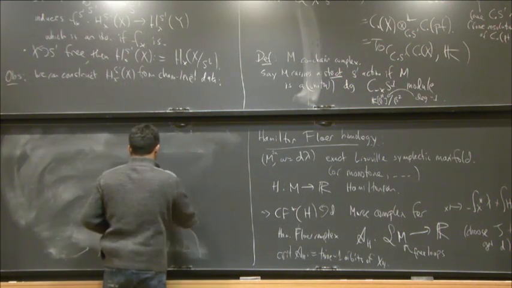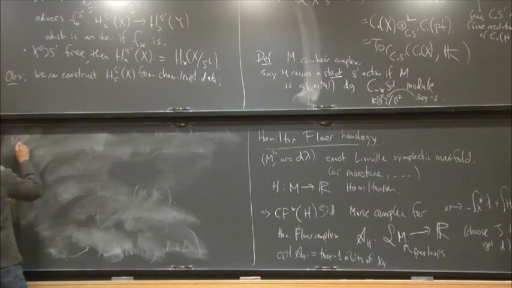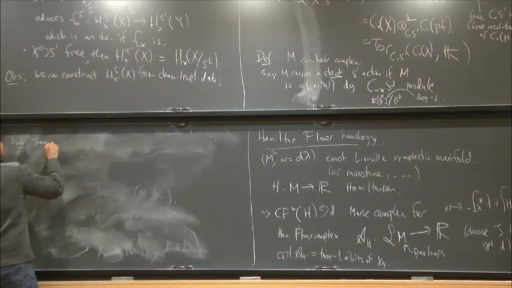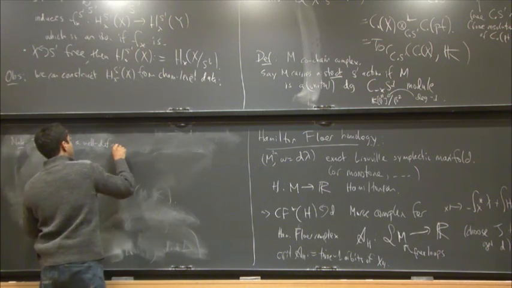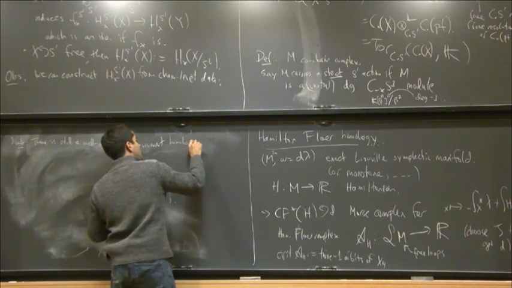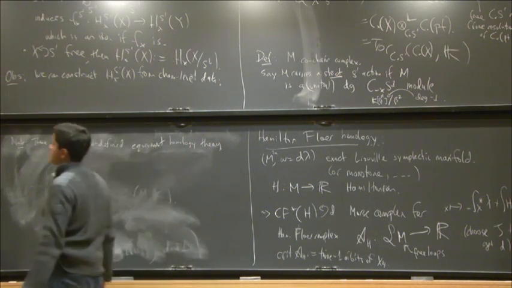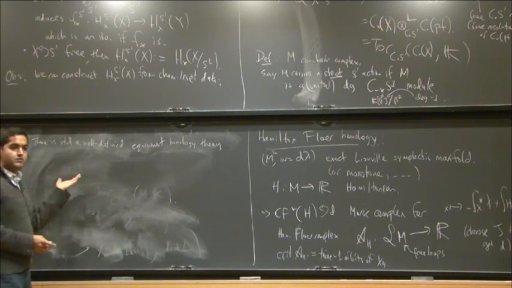So why is this good news, actually? Even though it's a mess of things to keep track of, the good news is that weak S1 actions have nice equivariant homology theories. So let me note, there is still a well-defined equivariant homology theory. And since this is a type of module, you might believe that it has a nice notion of Tor, but let me instead give an explicit complex that computes it.